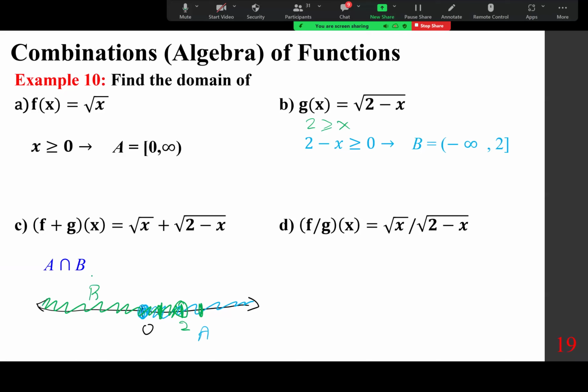So the green one is B. So when they come together as an intersection, I hope you recognize this is the only answers from 0 to 2. Both 0 and 2 are included.